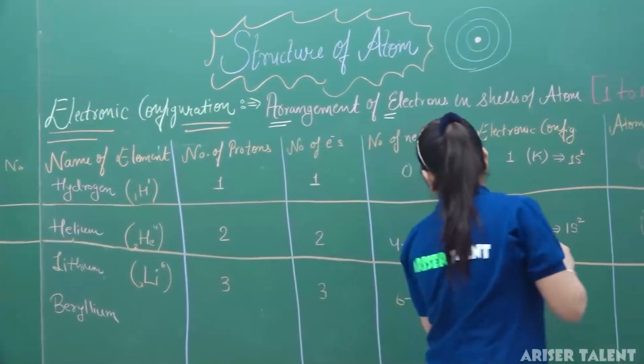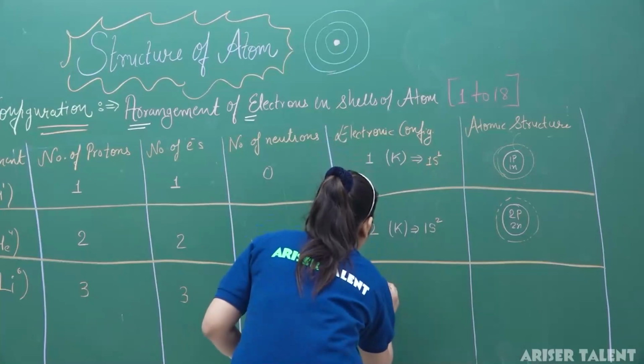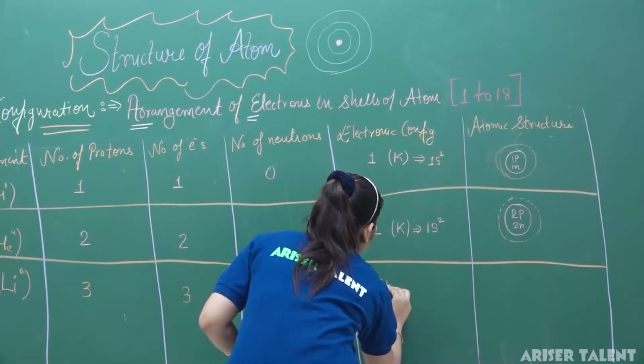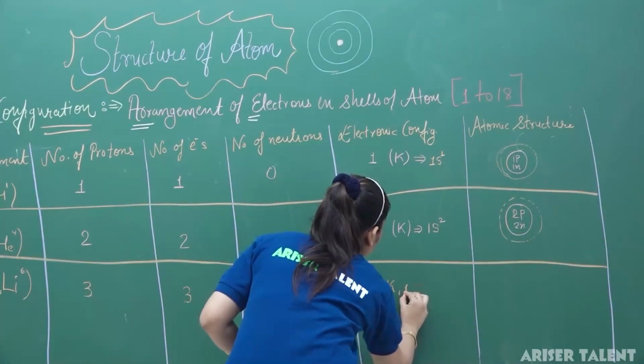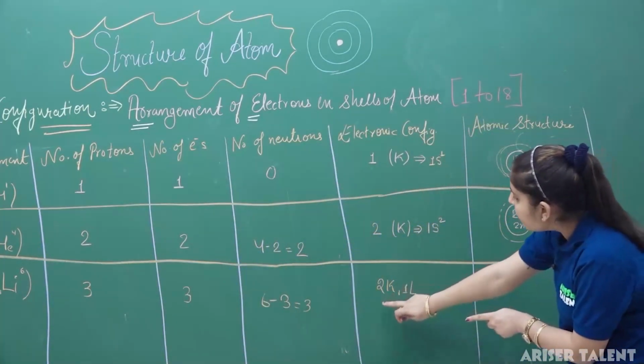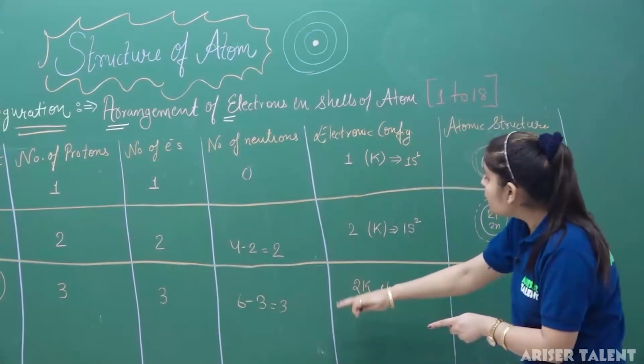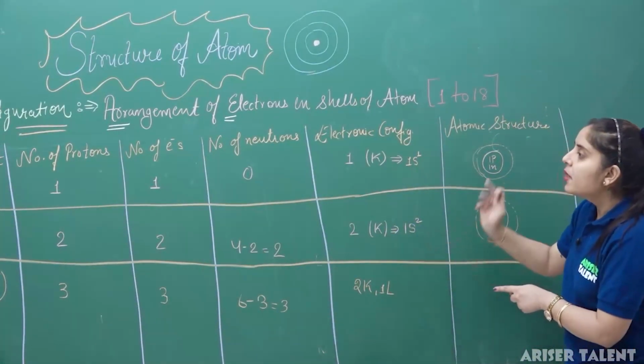Now we want to write the electronic configuration of that atom. So the electronic configuration will be 2K and 1L, because the maximum capacity of the K shell is 2 electrons and it has 3 protons, so 1 electron will be shifted to another shell.